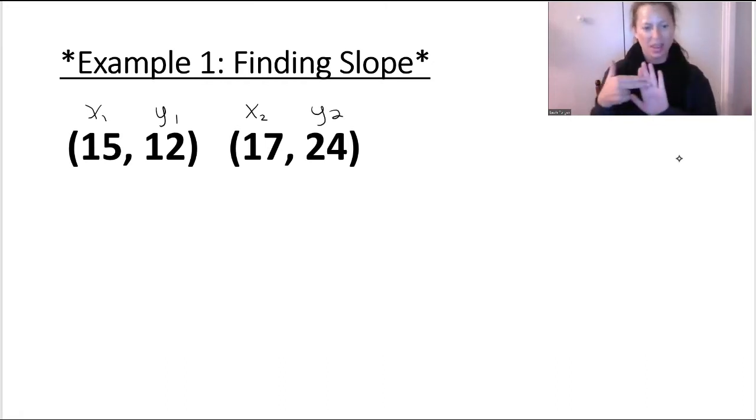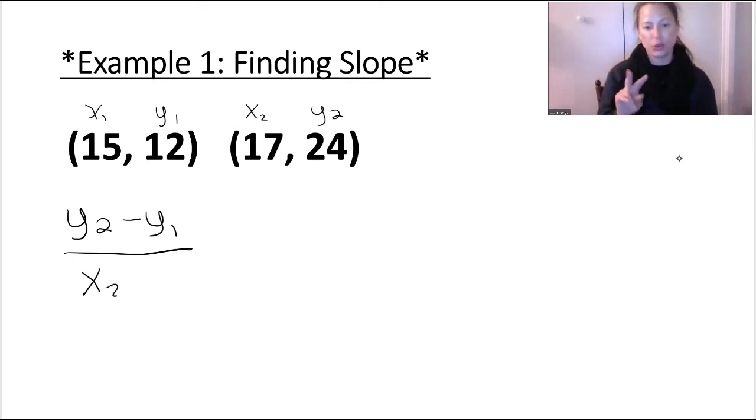You want to have those labeled so that you know what numbers to plug in when you're using the formula.